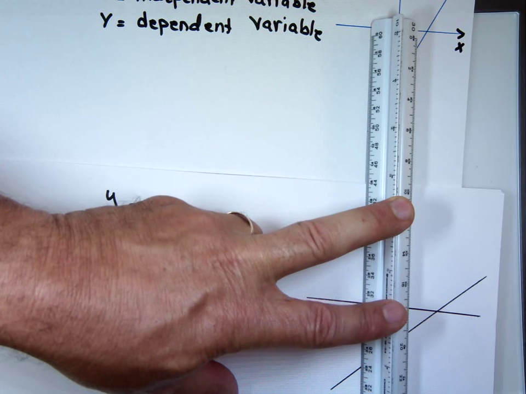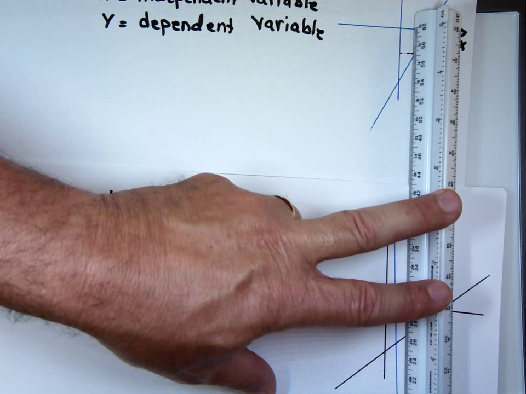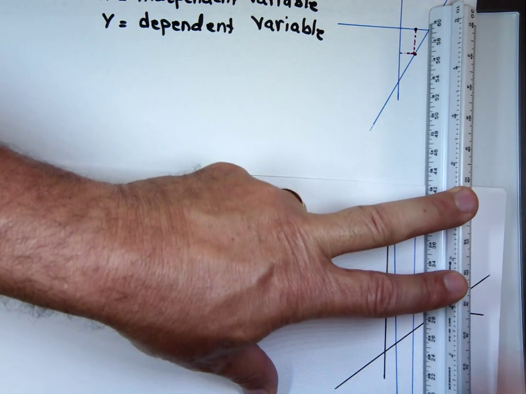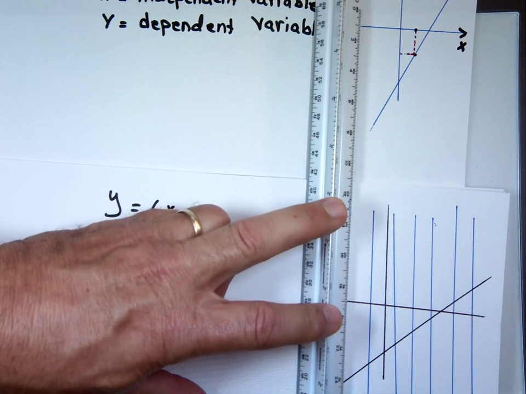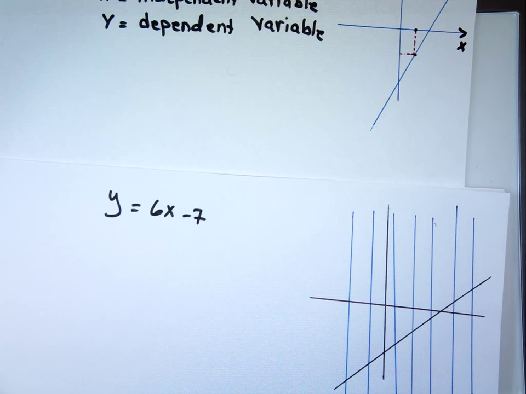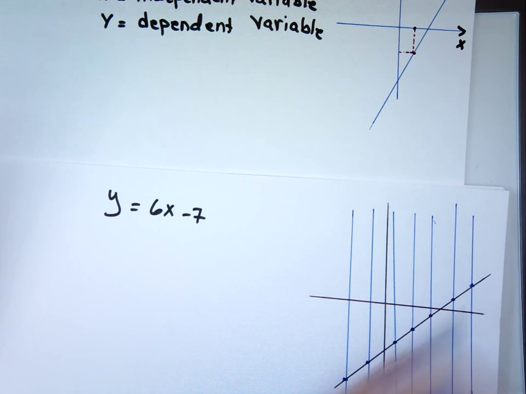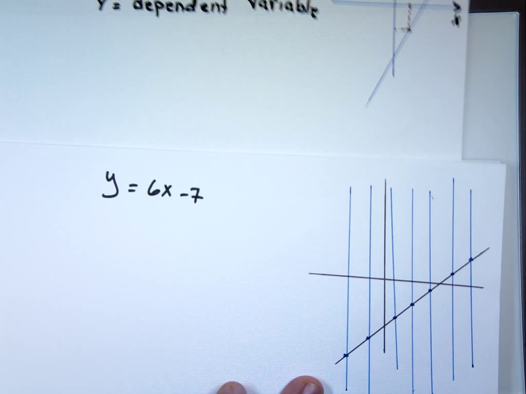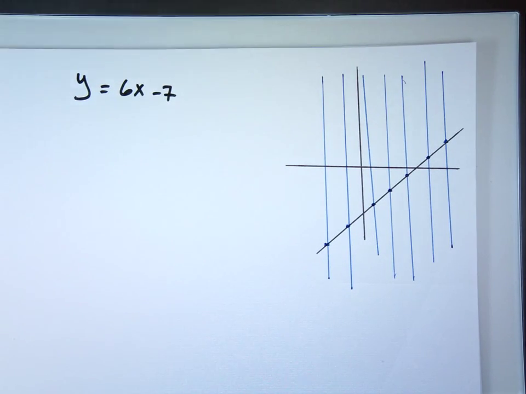Nope. Only one spot. They only intersect the graph at one single point. That means every x value has only one y value. That's one of the ways to see if you have a function or not, called the vertical line test.